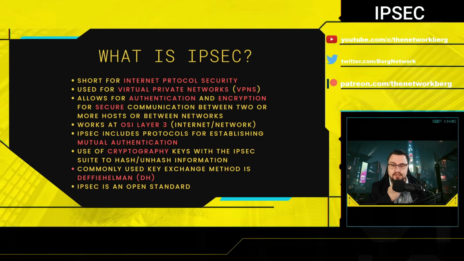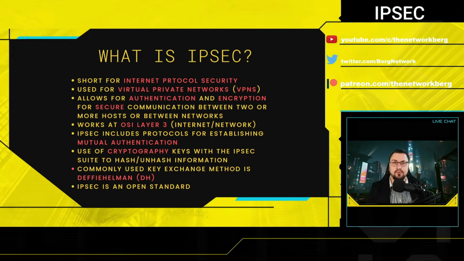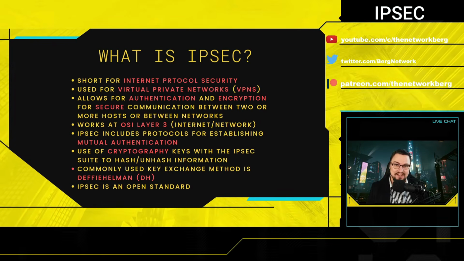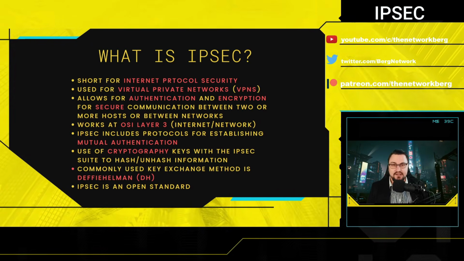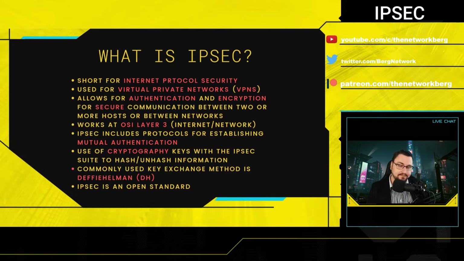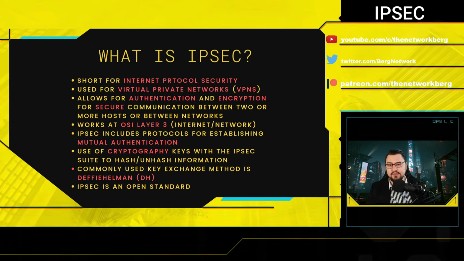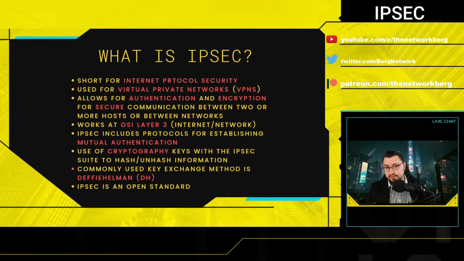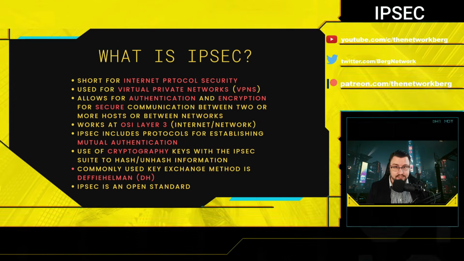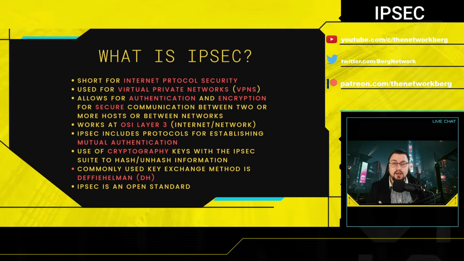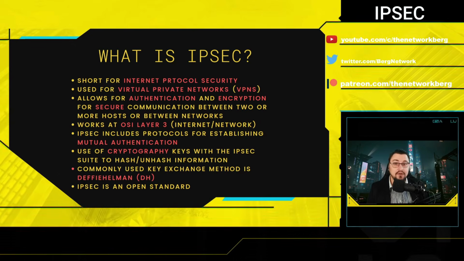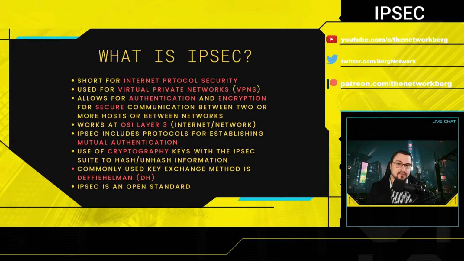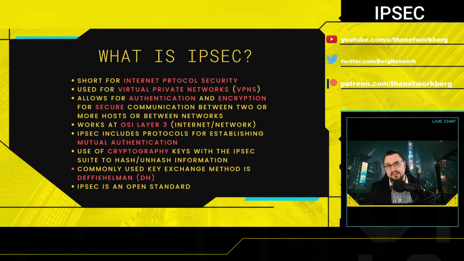It works at the OSI layer 3, which means it works over IP, obviously, but what's awesome about it is it can be run over the internet. So a lot of times you'll find people will use IPSEC to create tunnels to maybe another ISP or to another company or to their own company, or even, and this is actually pretty common and used a lot now, to a cloud provider.